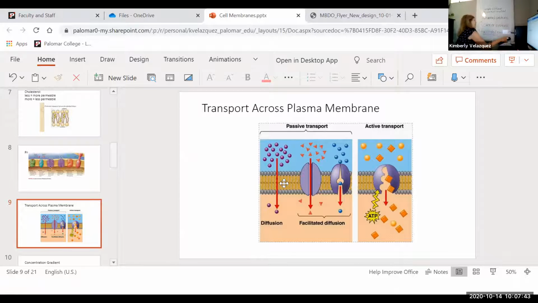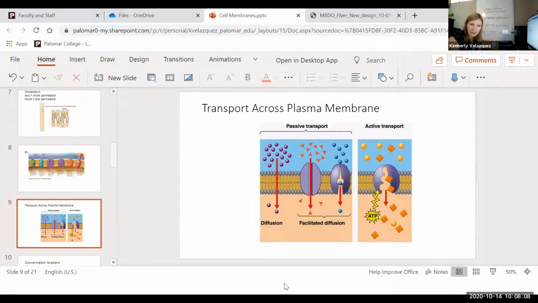Oops, I said protein and I wrote facilitated protein. Facilitated diffusion. So it's still going high to low, still not requiring energy, so it's still passive transport, but because a protein is required, it's called facilitated diffusion. The proteins are facilitating that diffusion.